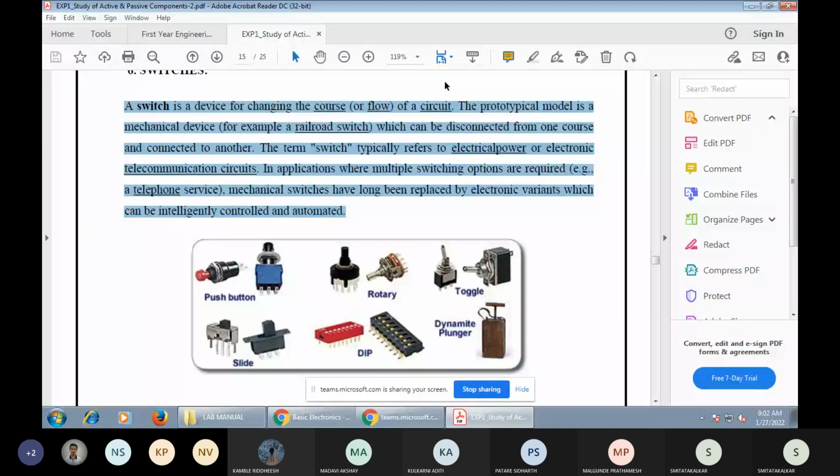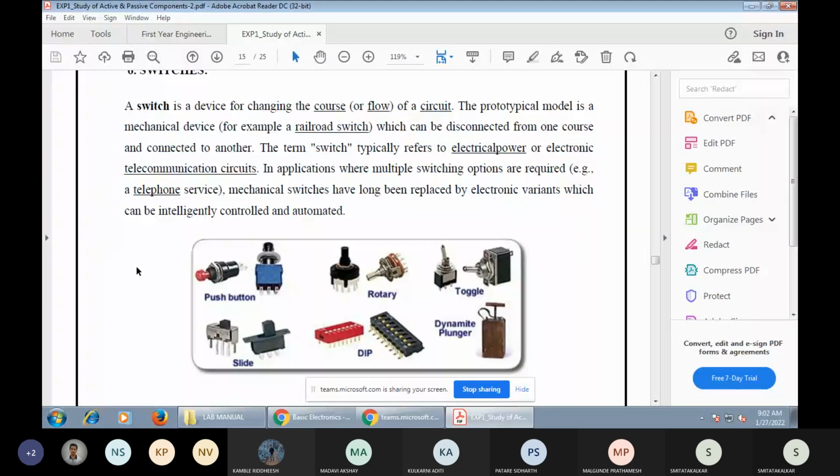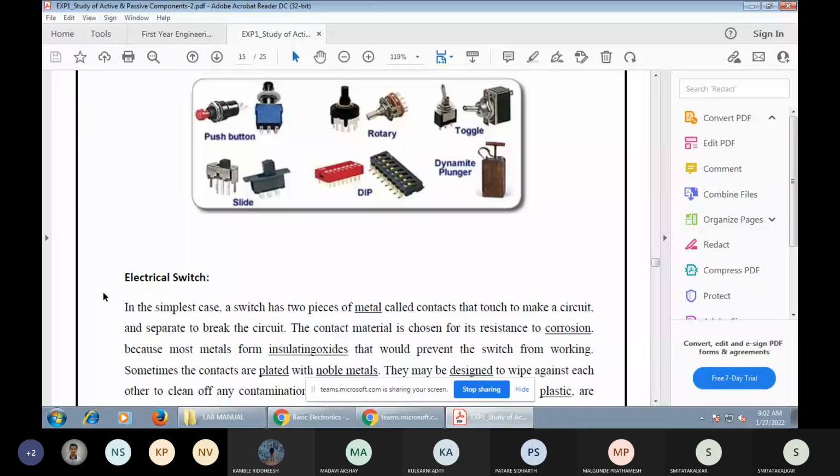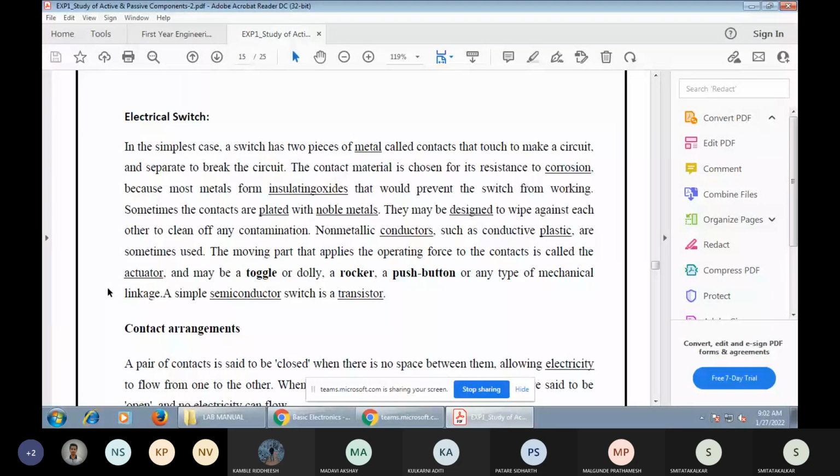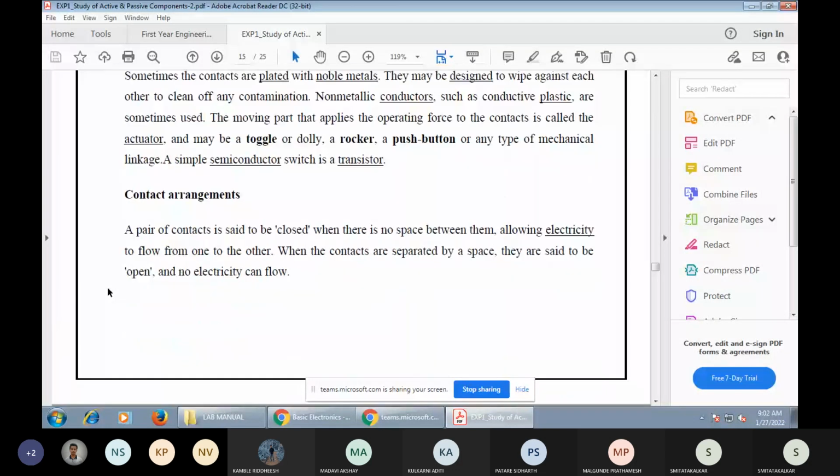Then the switch is typically used in electrical power and telecommunications circuits. All of these electrical or electronic devices we can control through switches. If the switch is on, then the circuitry has current flowing. Then electrical switches: toggle, rocker, push button, and contact arrangement.